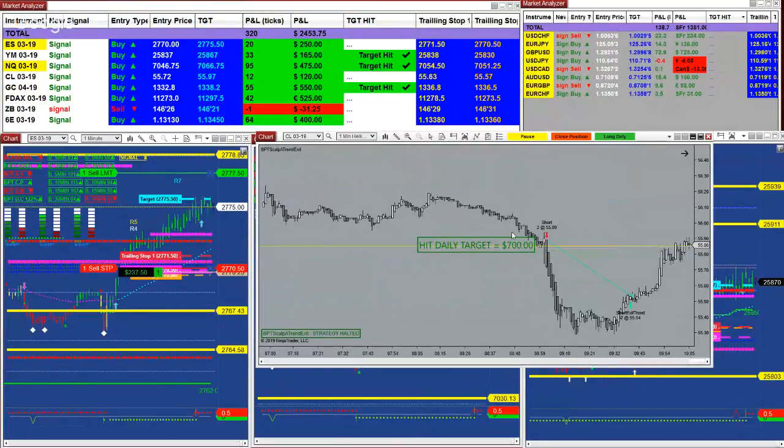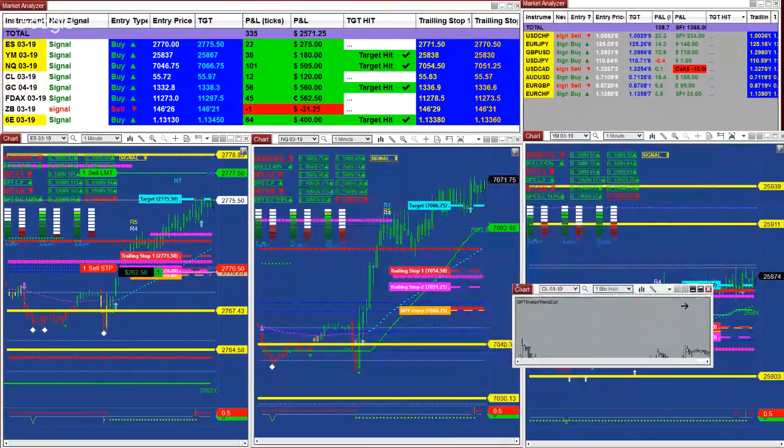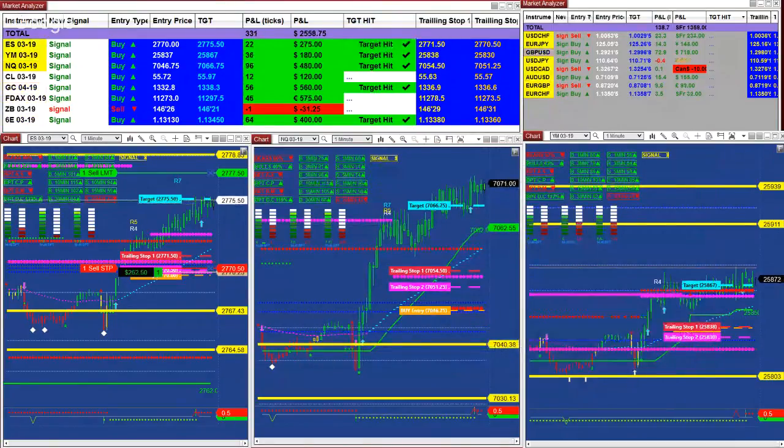And the ES has already hit the 700. We have the DAX already hit. We have a lot of charts already hit on the T7 and the swing trading. And we will be covering those areas once we are finished watching the ES.